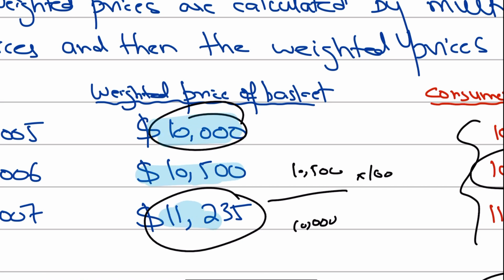I would want you guys to just hang on for a bit, because the next video will be a numerical example of the inflation calculation, showing how weights are multiplied by the average prices.